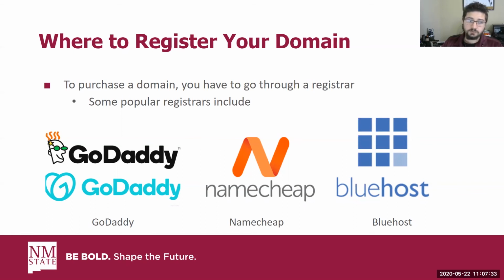But GoDaddy is also very popular, and most of you have heard of GoDaddy. However, it is often very convenient to buy your domain through the same company that you have your hosting. And I'll talk about hosting in a moment. Usually when you buy your hosting, the company will actually offer you a free domain name with your purchase of the hosting for the first year. So just be aware of that, because you might be able to save a few dollars that way.